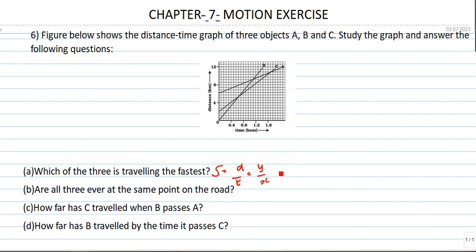So we get speed to be y by x, which is nothing but the slope of each of the lines will give us the speed of the particular object. So when we see from the graph, we find that the slope of B is the greatest. So this implies that B is the fastest.